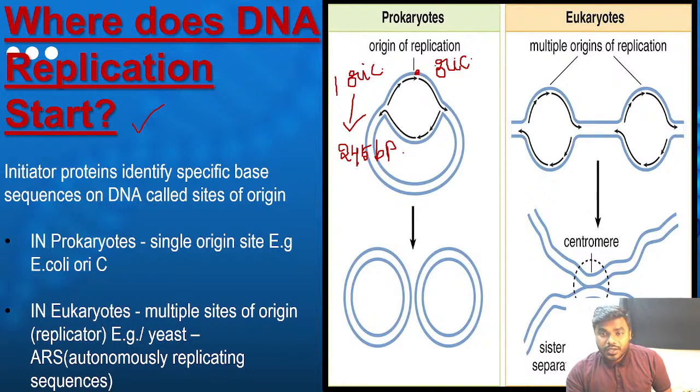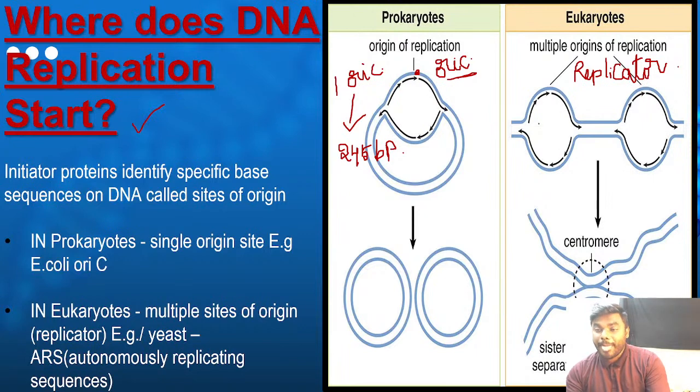So friends, if we have only one ORC in eukaryotes, the process would never occur faster. All students keep it in your mind, my friends. In eukaryotes, we never call it ORC. Instead, in eukaryotes, we call it the replicator.